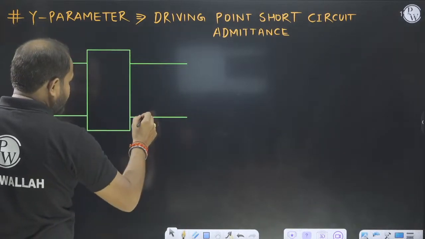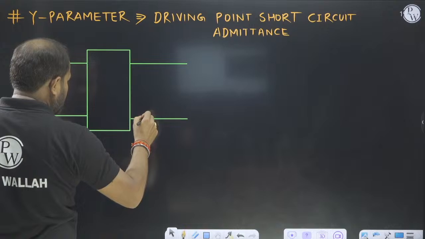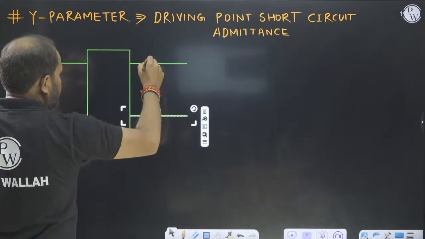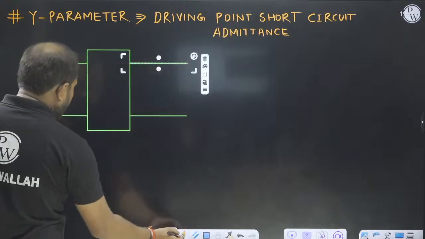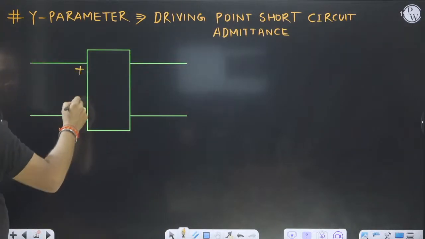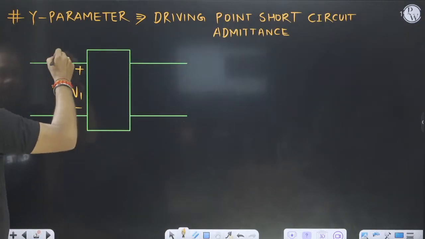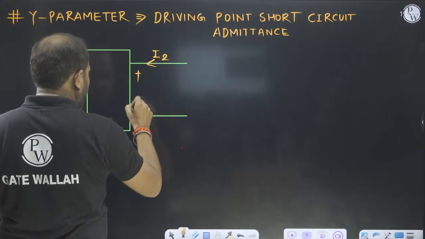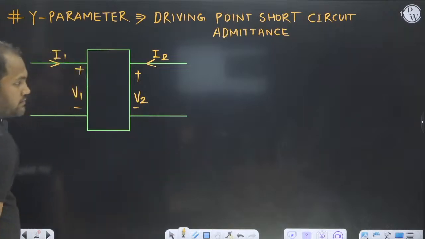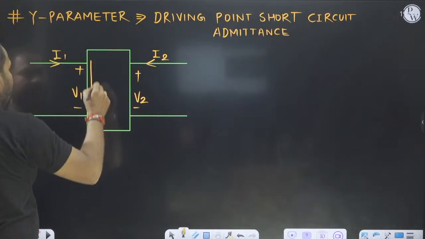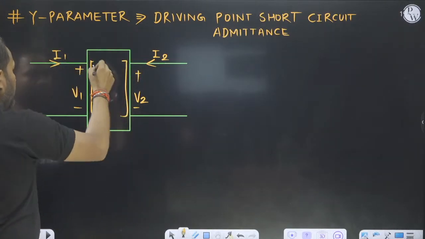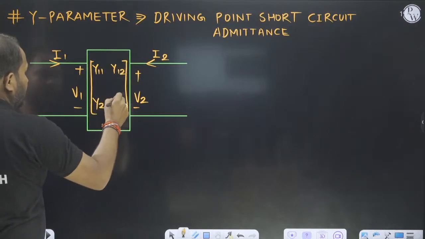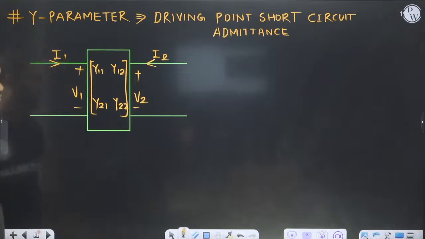Here we have input V1, current I1, output current I2, voltage V2. And the parameters are defined as Y11, Y12, Y21 and Y22.